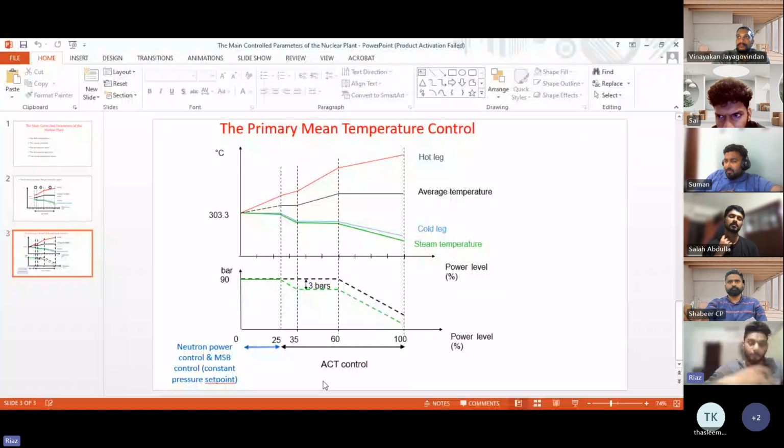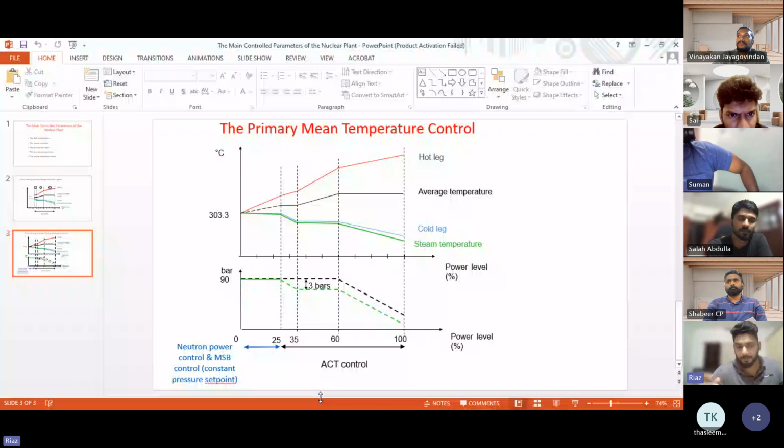From this they control the rod position system, and it goes to the RPS and the rod speed program, and there are scheme principles. For another day we will explain that. To conclude, we discussed process variables and process elements, and we got a brief idea about the control channels and the two-mode operation of a reactor control system, ACT control and neutron flux control. Thank you, guys.